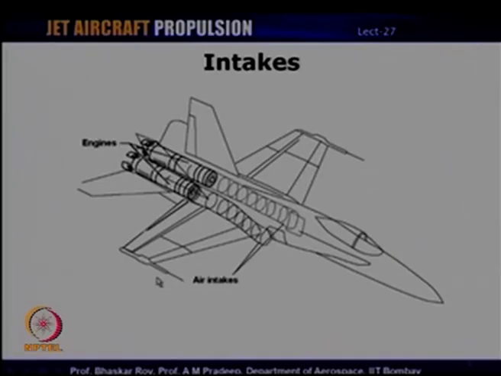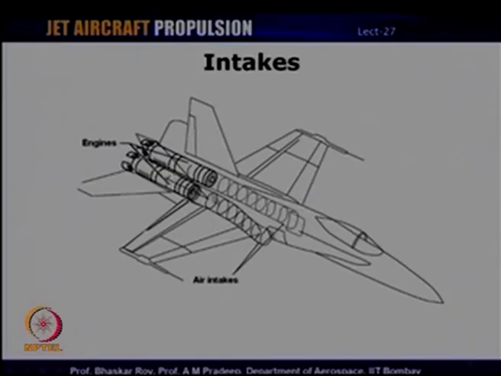Military aircraft, that is a compact aircraft, that is not the case. Engines are usually mounted within the fuselage. So, in this particular configuration, we have two engines. We also have two individual intakes or ducts which supply the air to the engines.